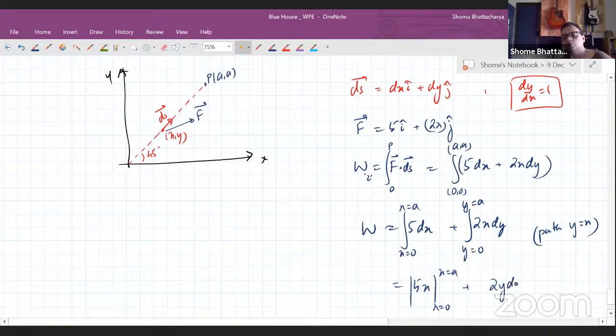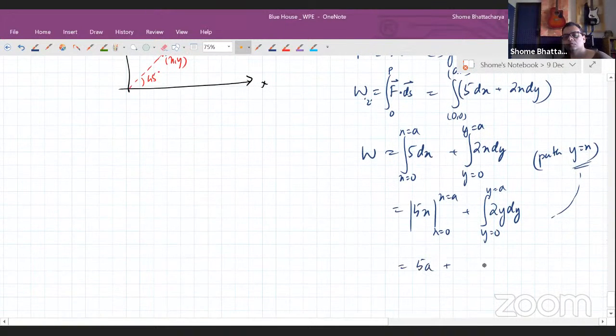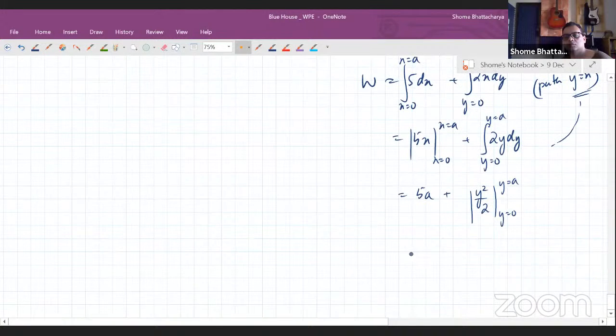This one can be written as 2y dy. This is the work done in path 2.